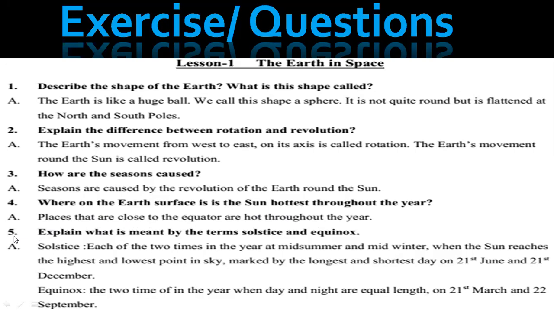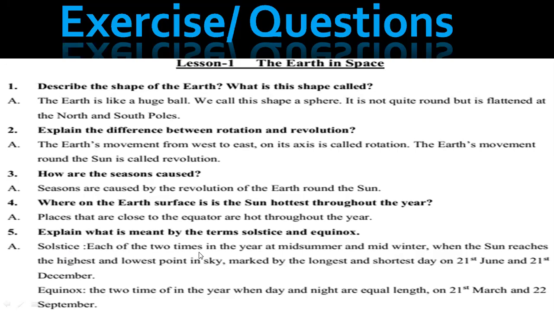Question number 5, explain what is meant by the terms solstice and equinox. I earlier mentioned this one, just to understand that one again. Solstice, sol means sun, and stit means stop or stationary. It is the literal meaning. Now understand this one.